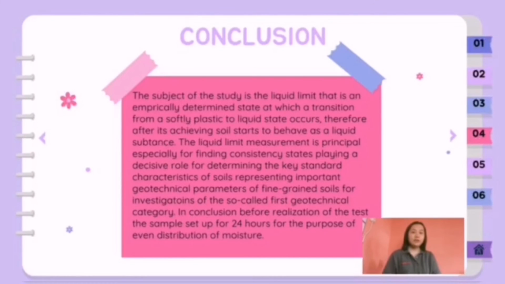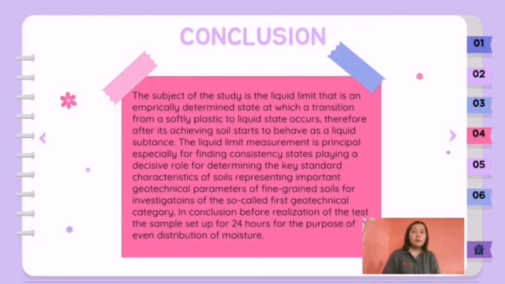So the conclusion for the Atterberg limit test that I get is that the subject of the study is the liquid limit, which is an empirically determined state at which a transition from a solid or plastic to a liquid state occurs. Therefore, after achieving it, soil starts to behave as a liquid substance.